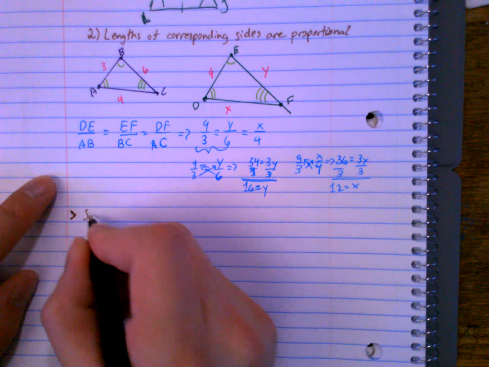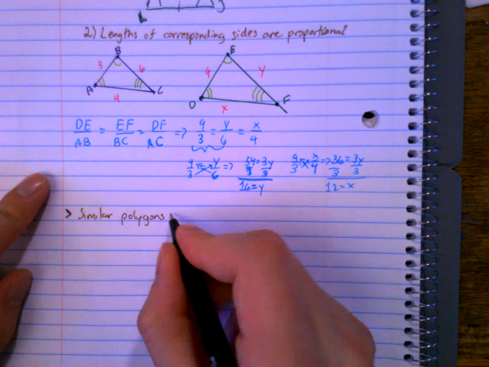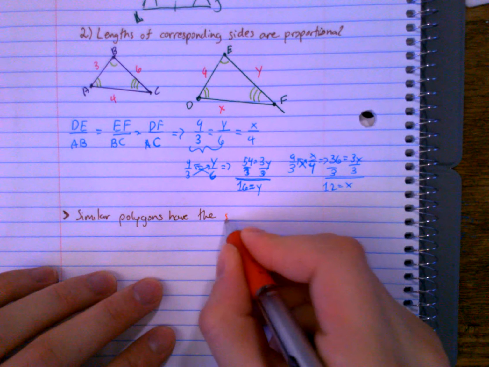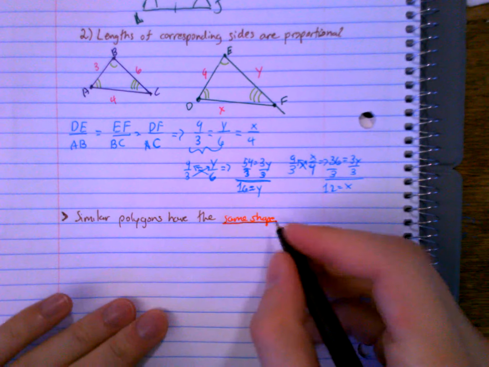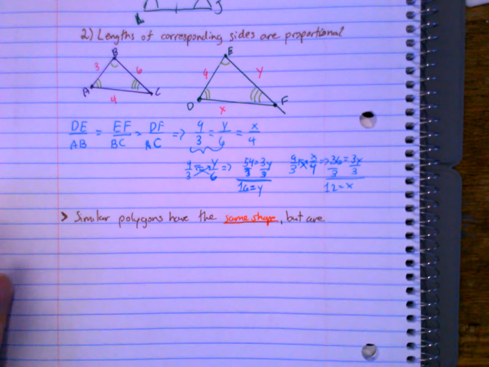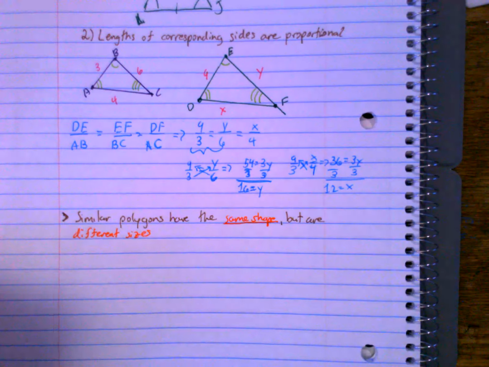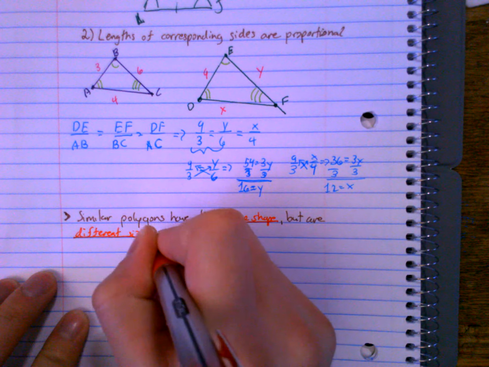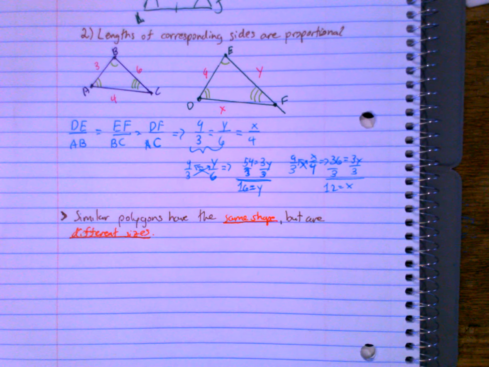It's leading to this: similar polygons have the same shape but are different sizes. Make sense so far?